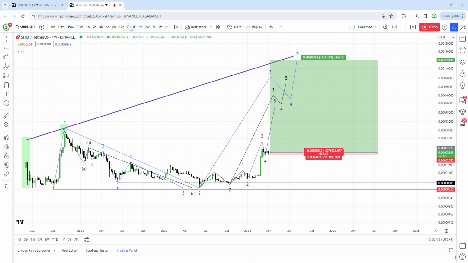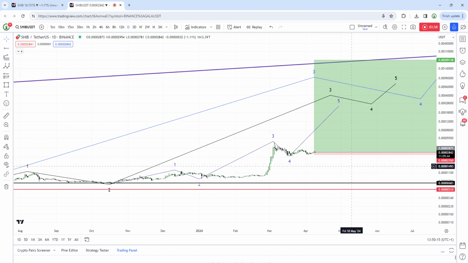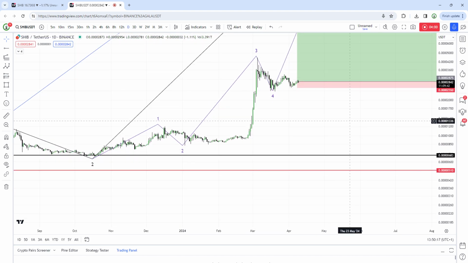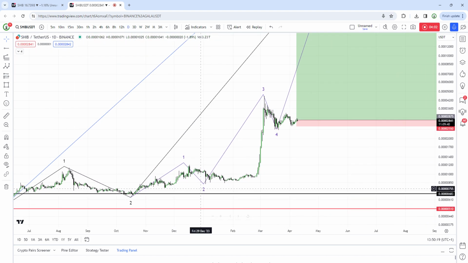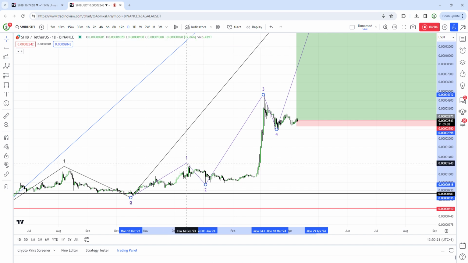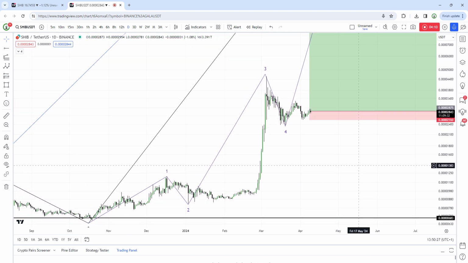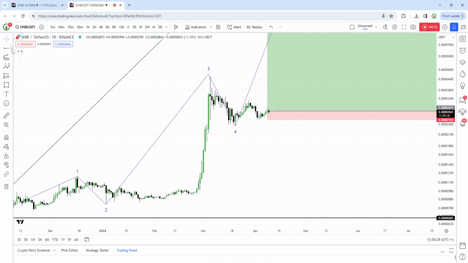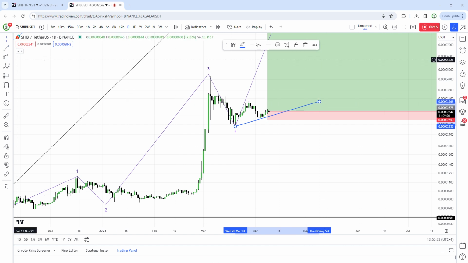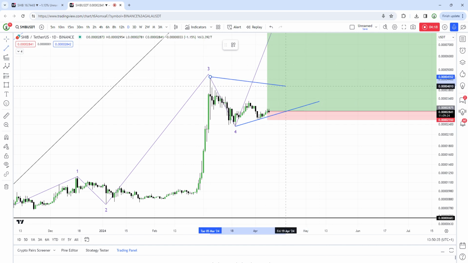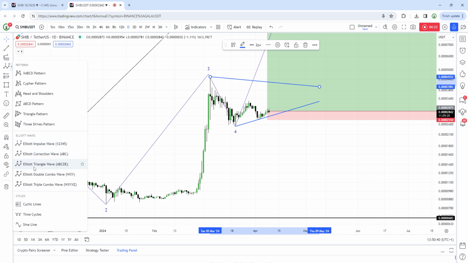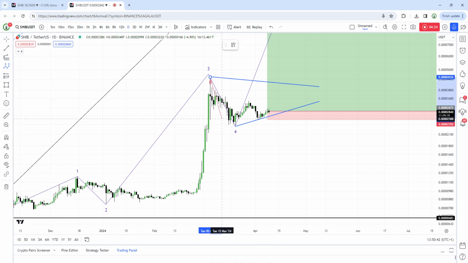So if we go into the daily now, we can see that on these sublegs here, we're pretty much drawing a contracting triangle, and that only happens in leg four. So it looks something like this, and it will be in a formation something like this.